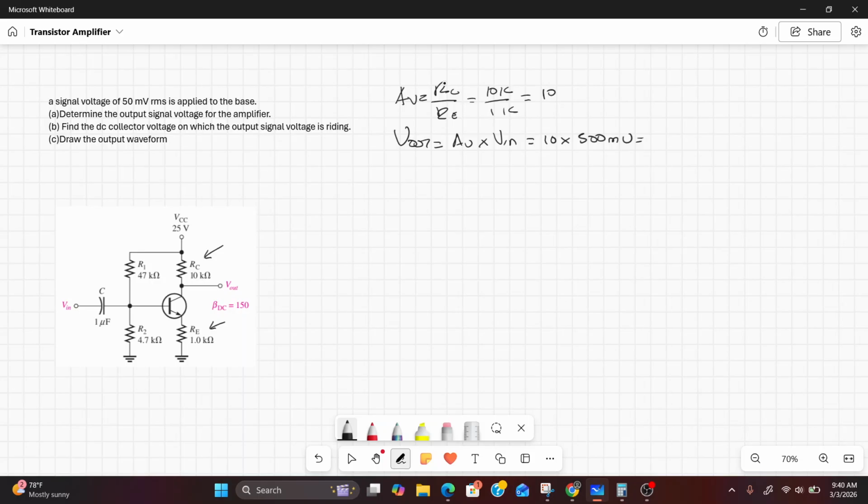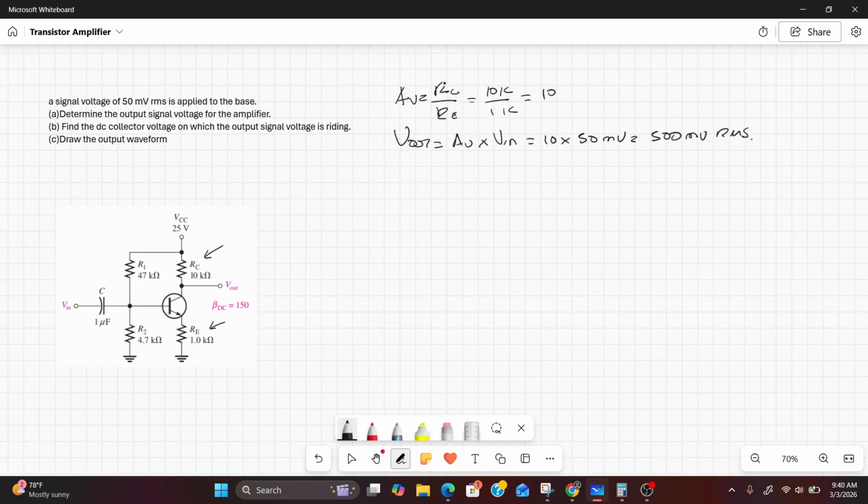Actually, it is 50 millivolts, not 550 millivolts. 50 millivolts, and it is 500 millivolts on the output. This is RMS. V out is 500 millivolts.